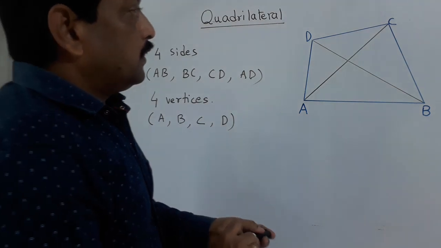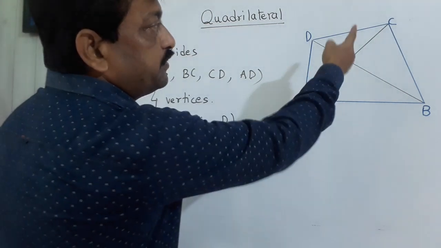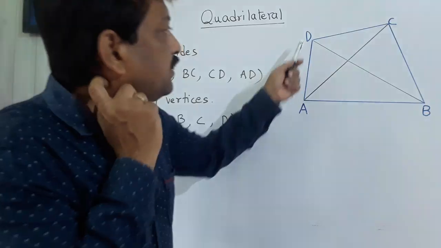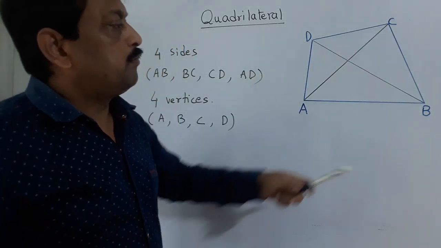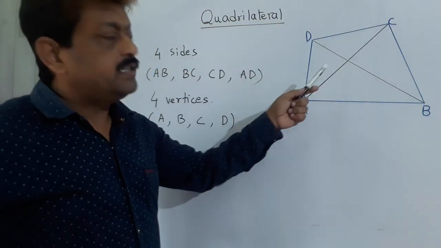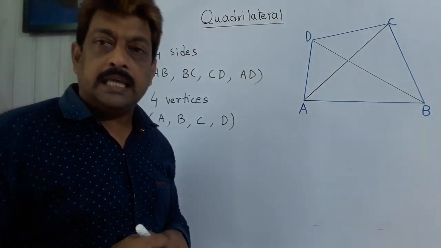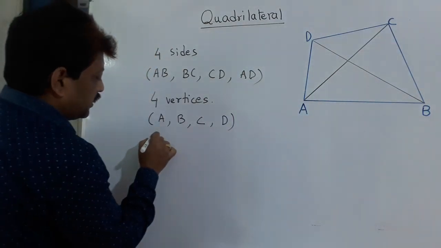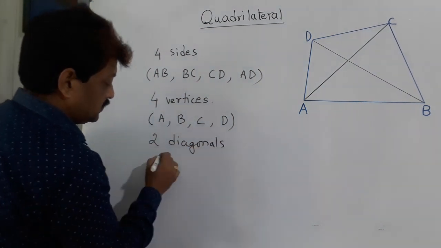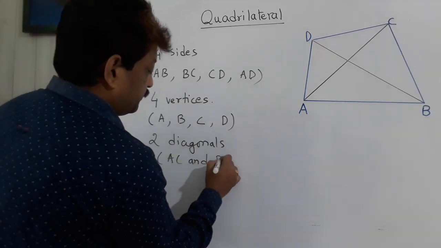So AC is the line segment obtained by joining the opposite vertices A and C. Similarly, BD is obtained by joining the opposite vertices B and D. So AC and BD are known as the diagonals of this quadrilateral ABCD. There are two diagonals, AC and BD.